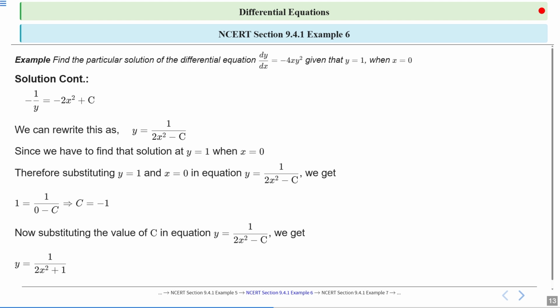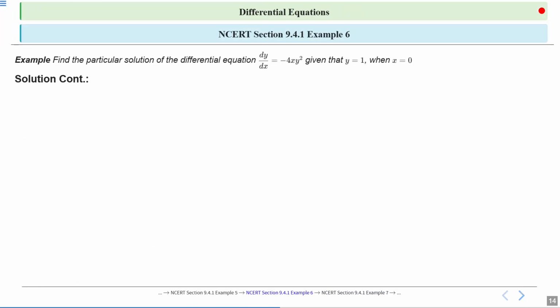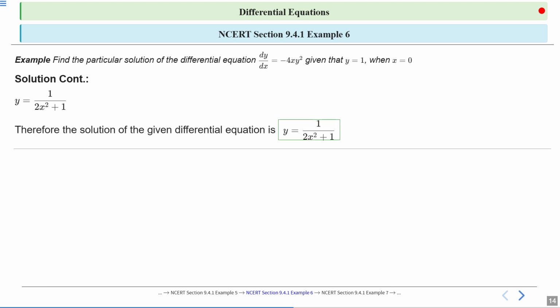Okay, so we use this condition, that is y is equal to 1 when x equal to 0, to find the value of this arbitrary constant. And this is the particular solution of the given differential equation, that is y is equal to 1 by 2x square plus 1.